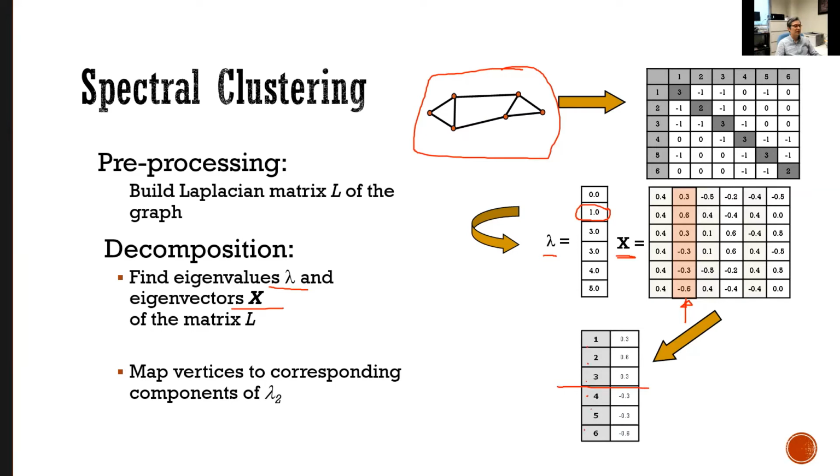In this case, we select the eigenvector corresponding to the second smallest eigenvalue and look at its values: the first three are positive, the last three are negative. So we can separate the points into two clusters, left and right, by their sign. This is the basic idea of how you perform spectral clustering.